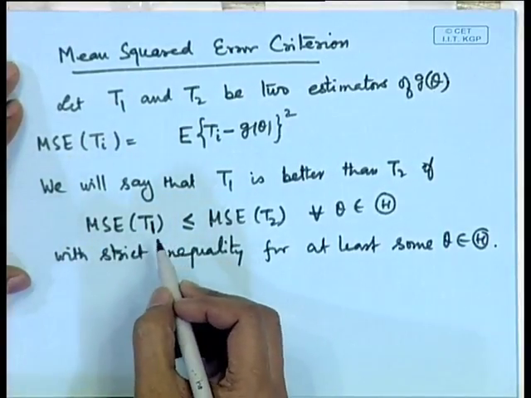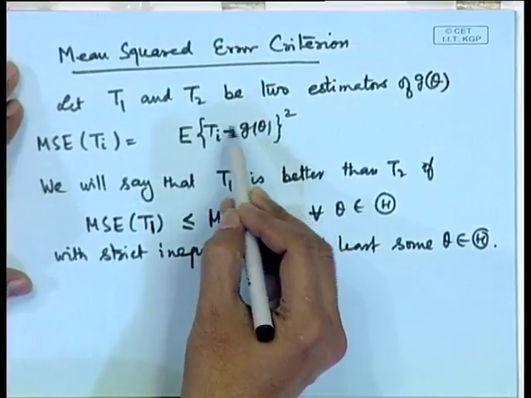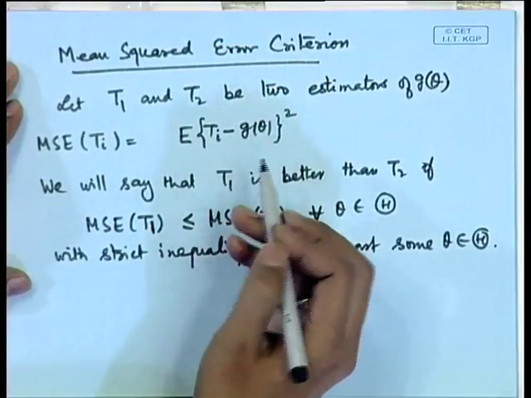Now, if the estimators are unbiased, suppose T i is unbiased for g theta, then this reduces to the variance of T i.